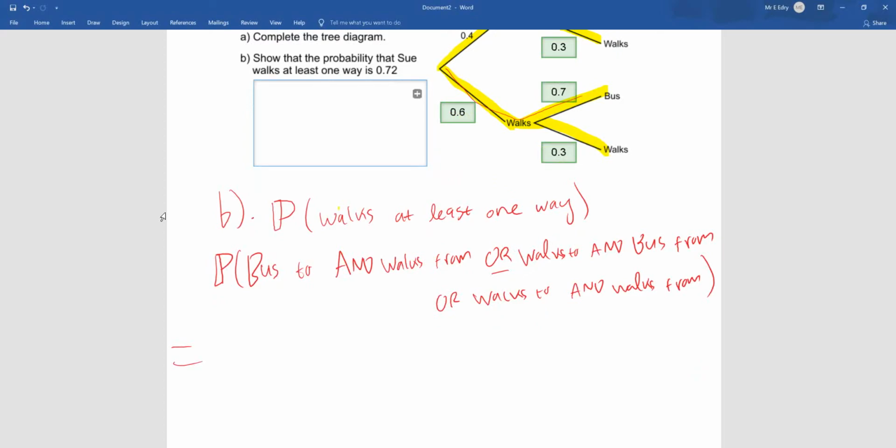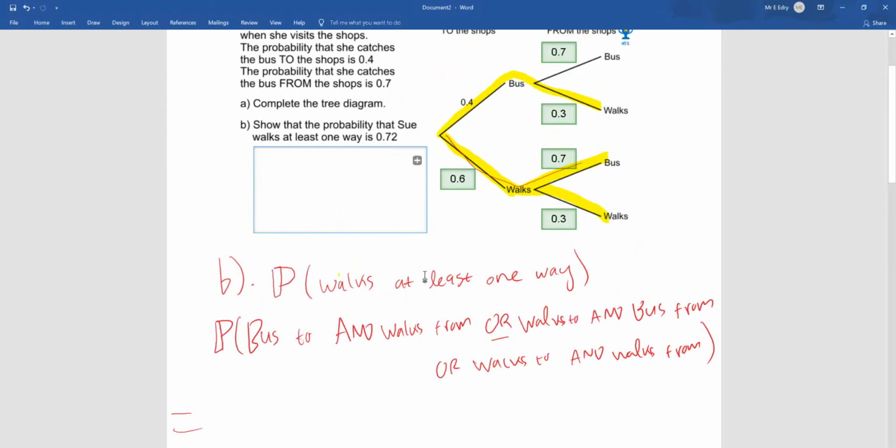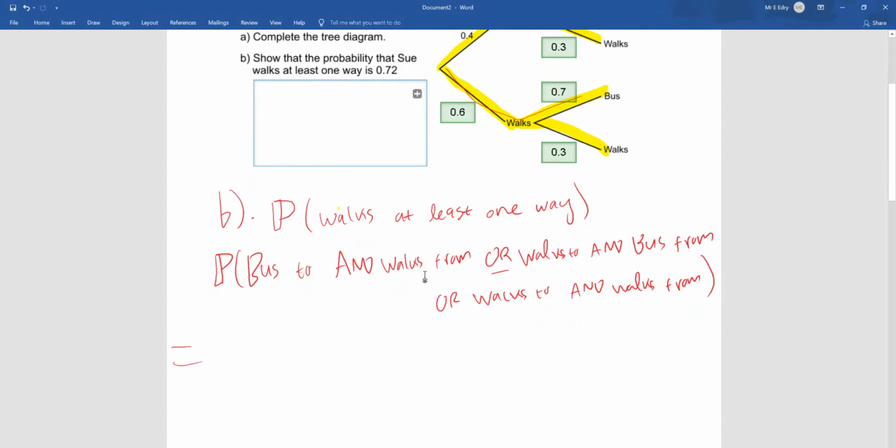So and means times. So the probability that she takes the bus to the shops and walks from the shops is going to be 0.4 times 0.3. So I've got 0.4 times 0.3, and means times. Now or means plus. So to factor in the second possibility, I add.